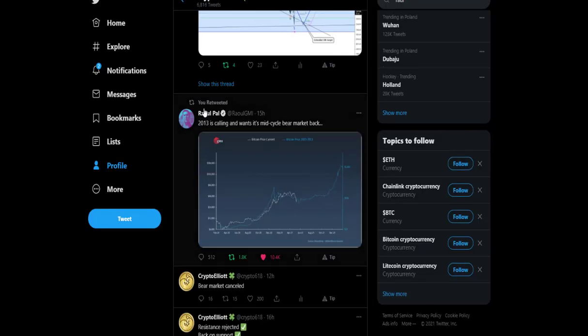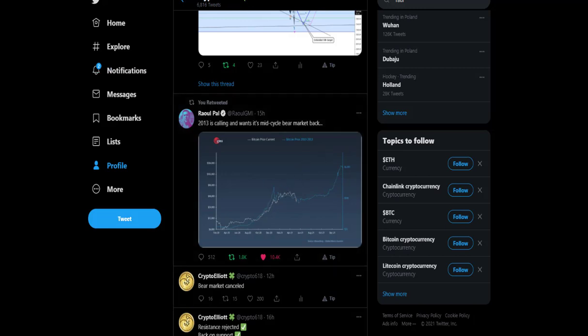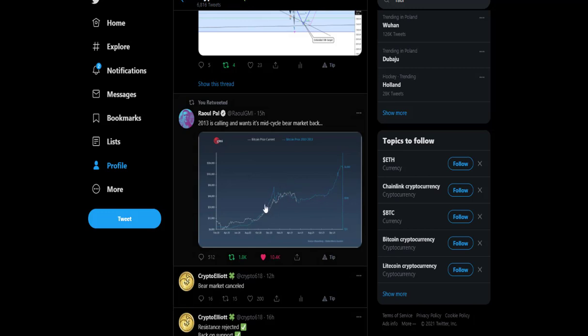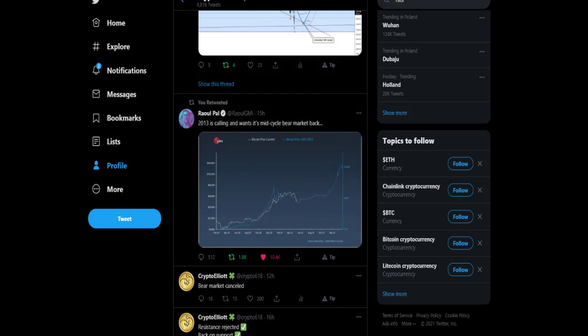This guy as well is usually pretty spot on, this road guy, and he's thinking the same thing. It's probably not finished. We are probably at midpoint of this bull cycle. I think we're past midpoint, but I think it's not finished. That's the point, right?